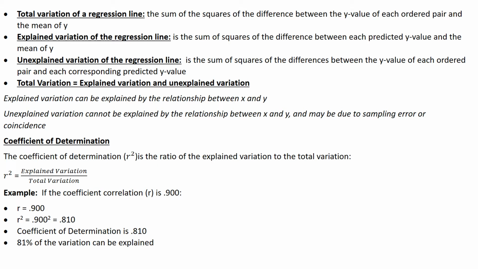This is the coefficient of determination. If the correlation coefficient is 0.9, then the coefficient of determination, R squared, is 0.9 squared, which is 0.81. What this is saying is 81% of the variation can be explained by the relation between X and Y, which means 19% cannot be explained.